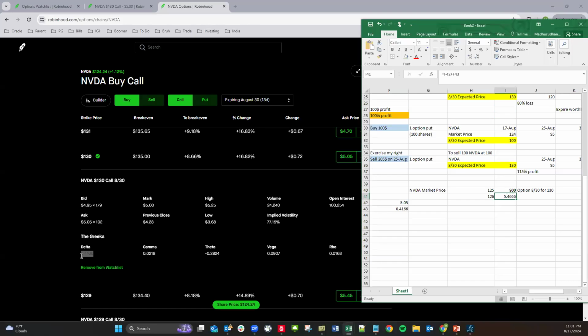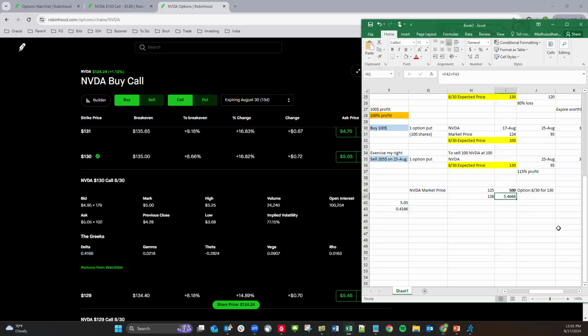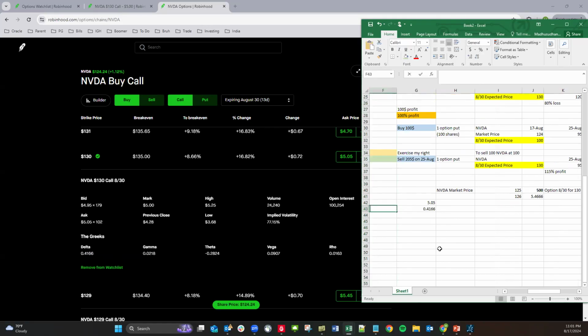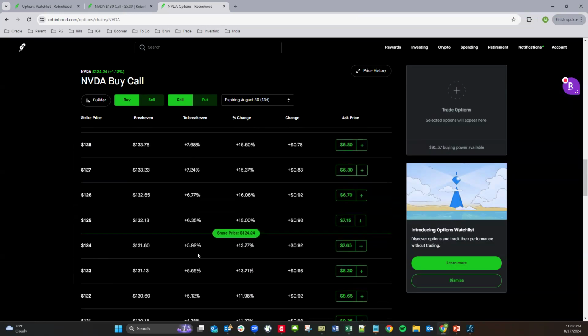So the delta typically around the strike price is close to 0.5, and delta is usually between 0 to 1. So this is delta, and delta is essentially 0 to 1. And you'll see that anything closer to the strike price, where our market price is 124, right?